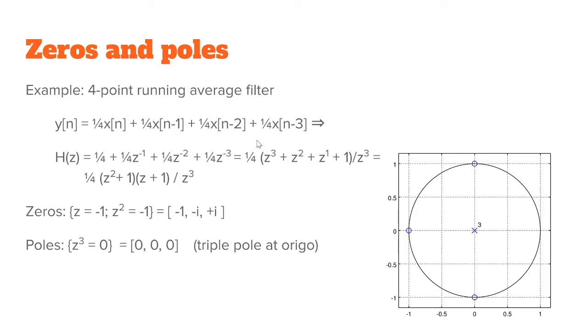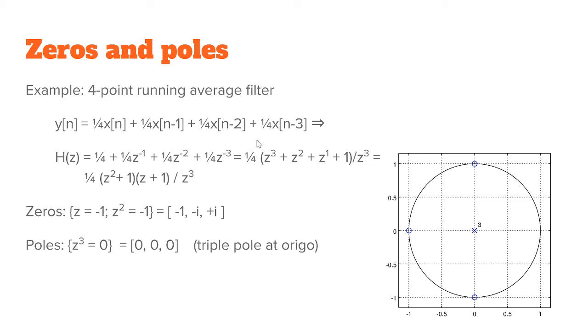All right, so how does our example system, the 4-point running average, actually relate to this one? Well, you can calculate the zeros and poles with some simple calculations. It's a third order polynomial.